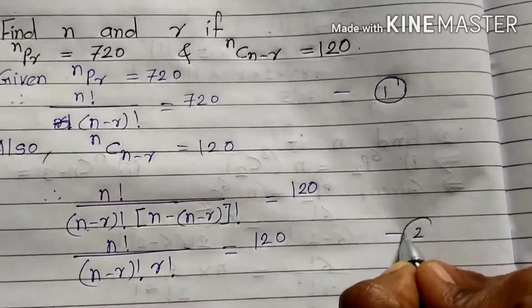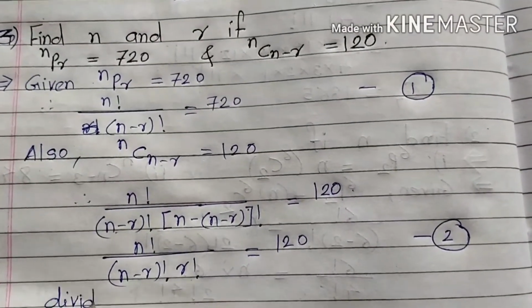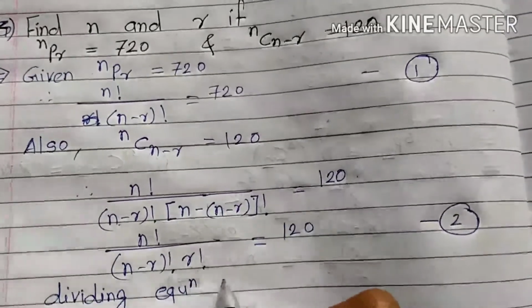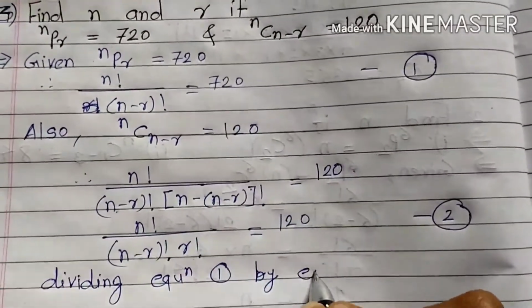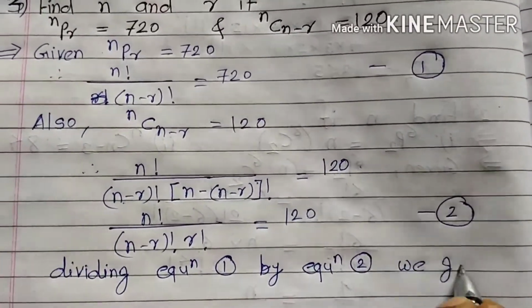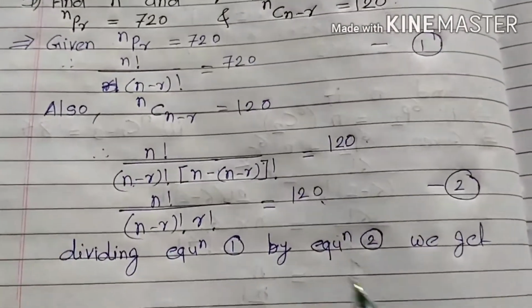Give it equation second. Now dividing equation 1 by equation 2, we get, so this is our equation first and this is equation second.